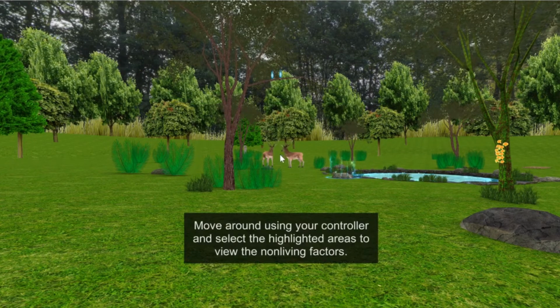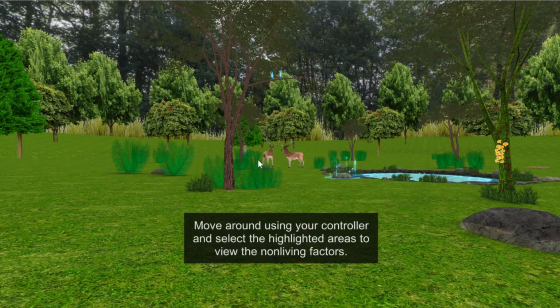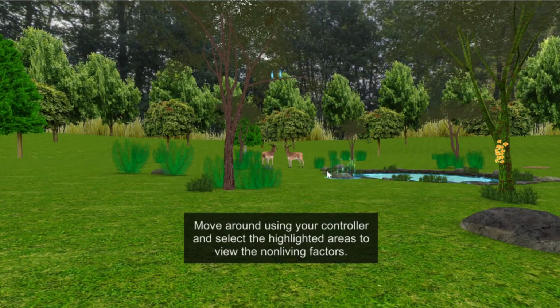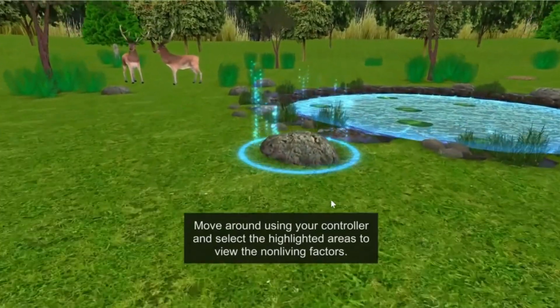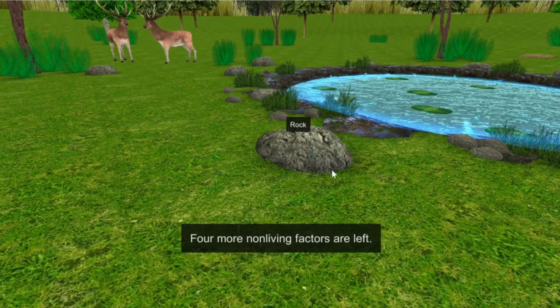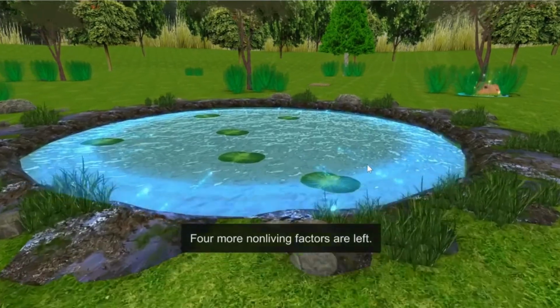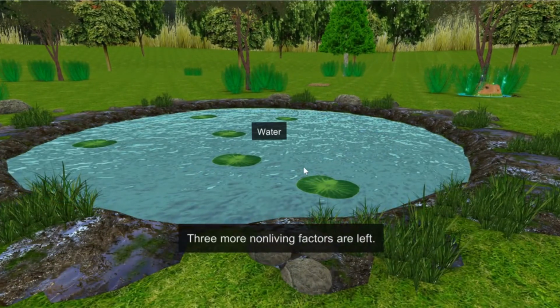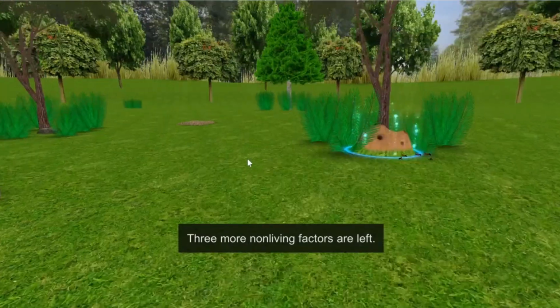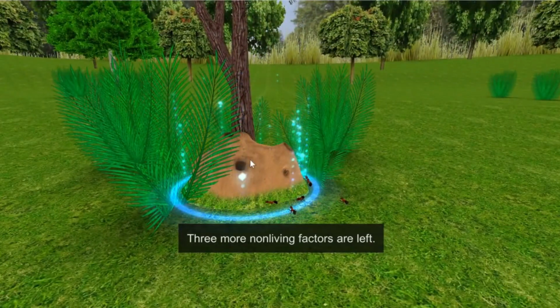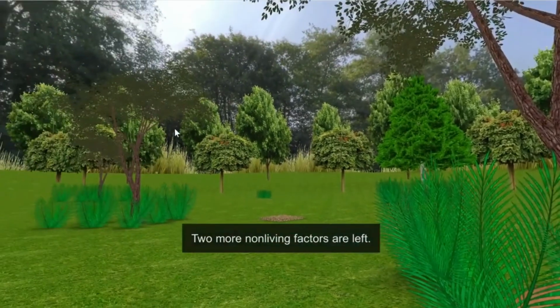Move around using your controller and select the highlighted areas to view the non-living factors. Four more non-living factors are left. Three more non-living factors are left. Two more non-living factors are left.